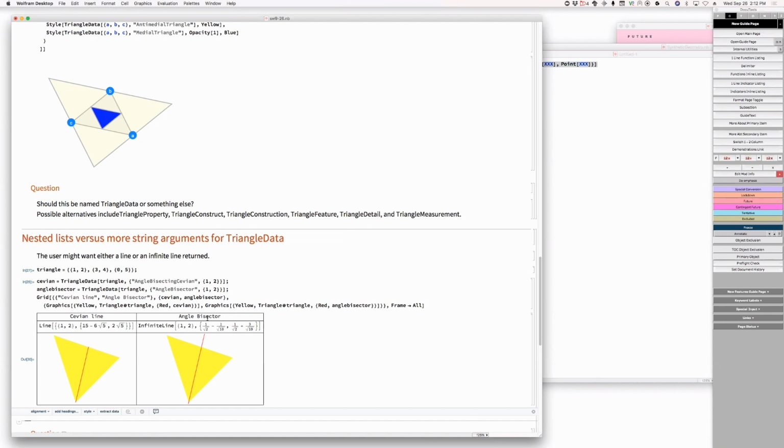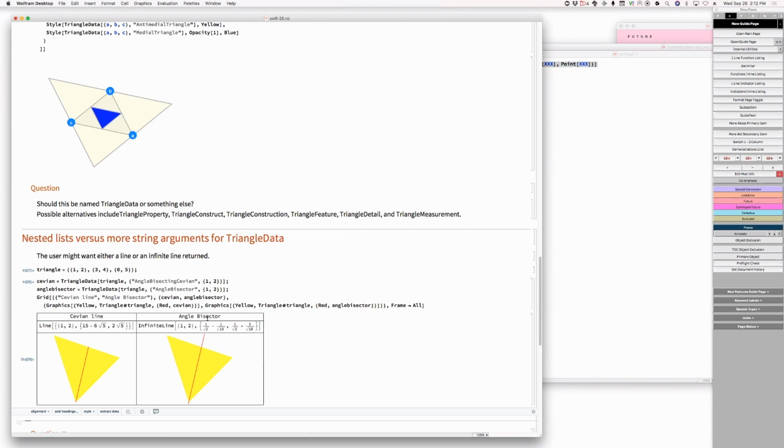Or should we have a list of separate strings like Cevian, line, comma, or like, you can change that a little bit. Yeah, I understand. Okay, so we could have a thing which gives a collection of things, like it is a bisector, and it is a non-infinite thing, and so on.